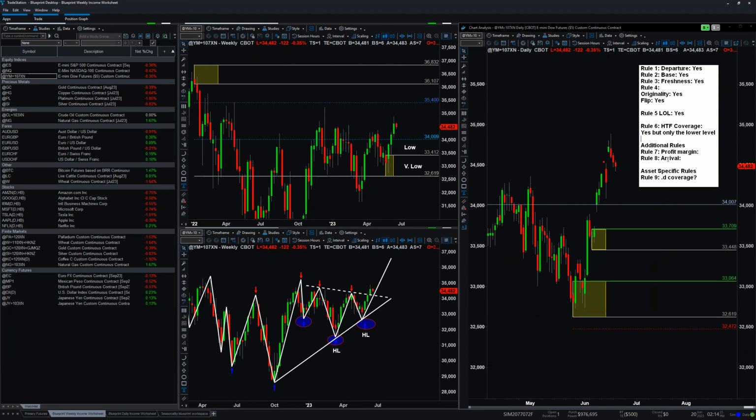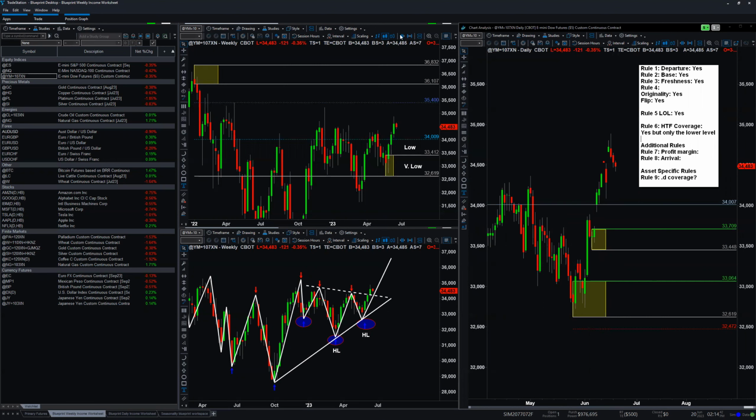Profit margin and arrival. Profit margin we base on our first level, and our first level in terms of the risk to reward, that price had traveled away from the zone, measured based on proximal to distal.